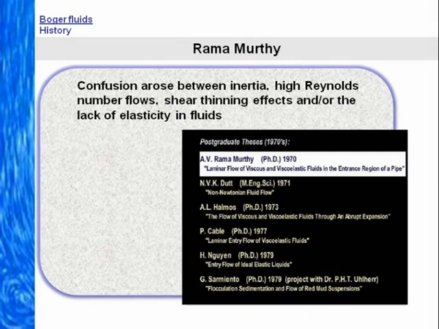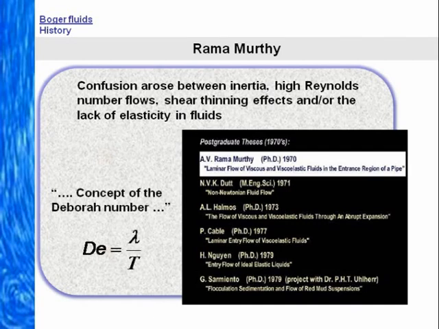We thought perhaps that our carboxymethylcellulose solutions were inelastic and our polyacrylamide solutions were viscoelastic. We didn't understand the relative time scales associated with the process versus a relaxation time associated with materials, even though the concept of a Deborah number had been established by that time.